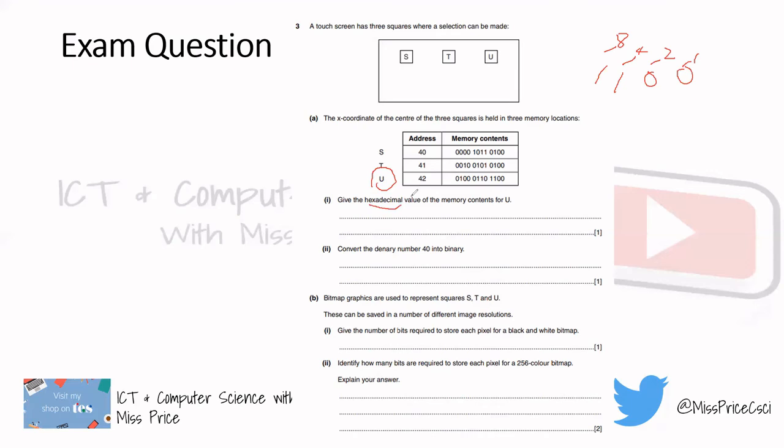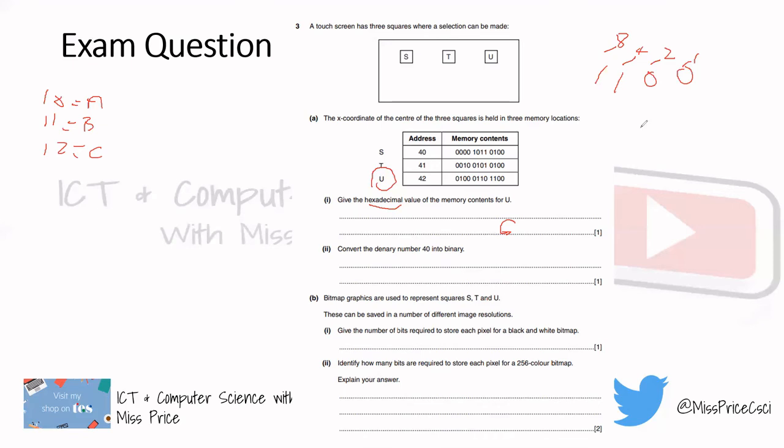So 8, we don't need to add the zeros. We know 8 add 4 is 12. In hexadecimal, 10 is A, 11 is B and 12 is C. So that's going to be C. The first thing I'm going to write down here is C, in my very messy graphics tablet handwriting.